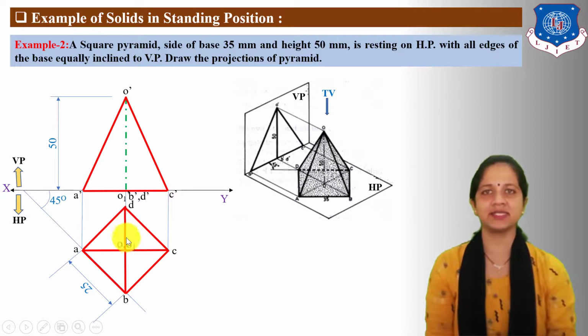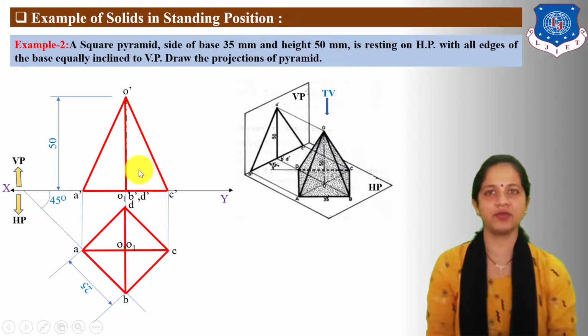The OD slant edge is not directly visible to the observer, but its projection overlaps with the visible slant edge OB. So next locate the visible slant edge in the front view, O dash D dash. So this is the top view and front view of the square pyramid as per the given resting or standing position.